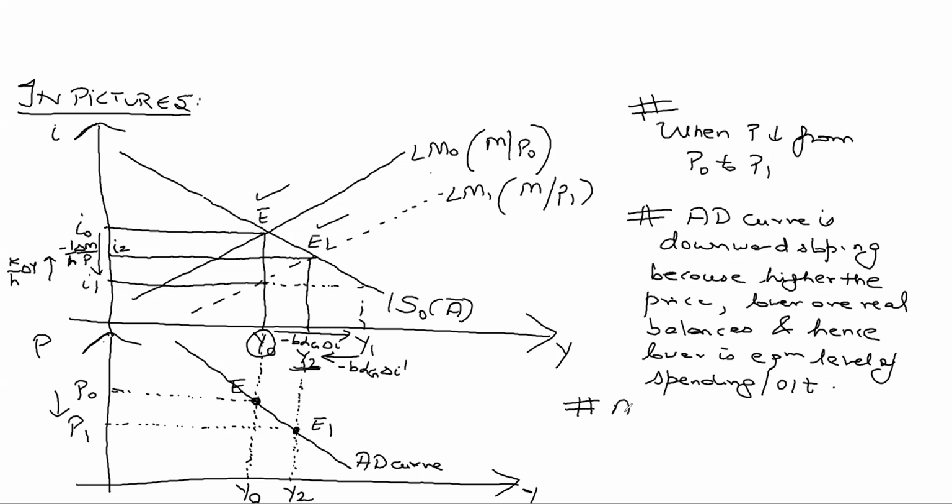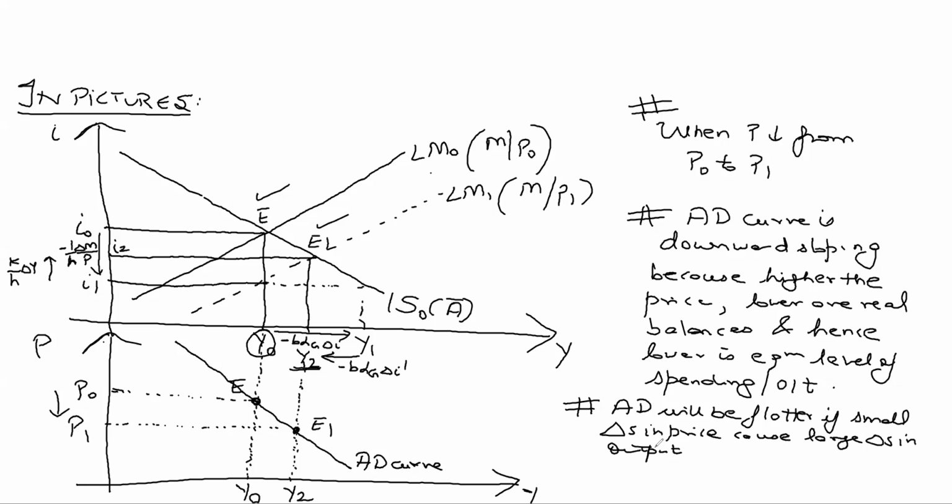AD will be flatter if small changes in prices cause large changes in output, and AD will be steeper if changes in prices cause small changes in output.